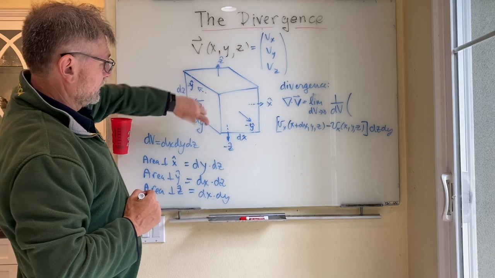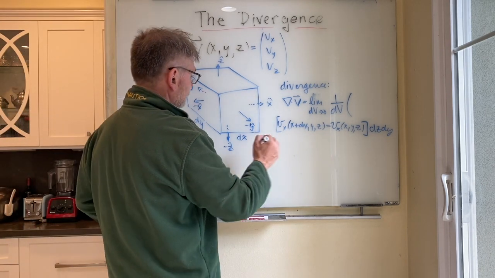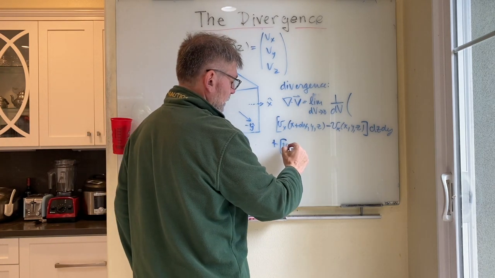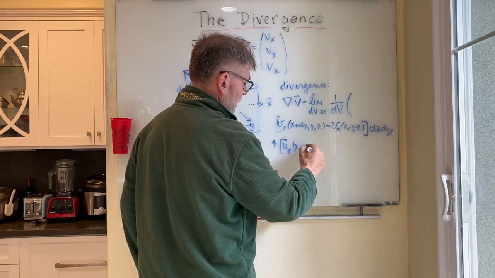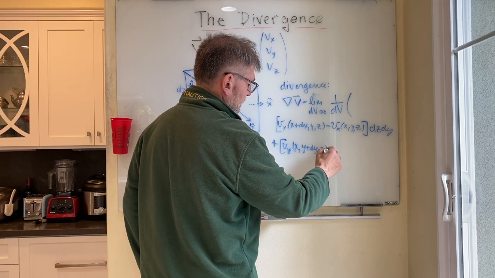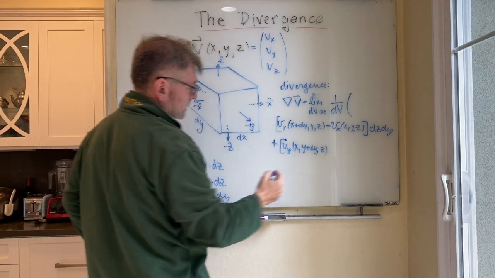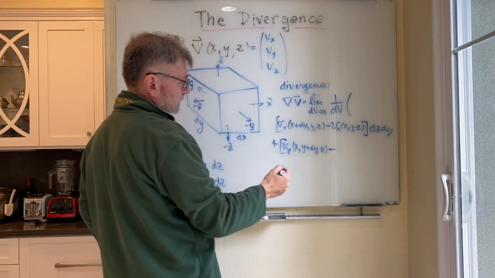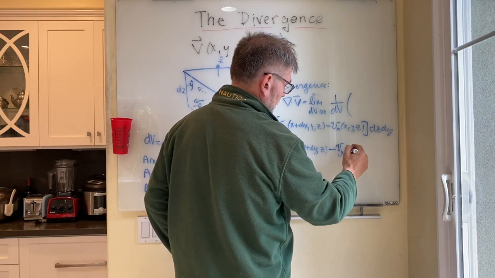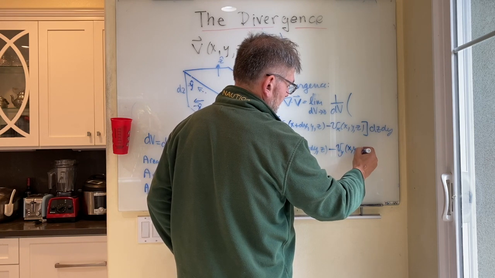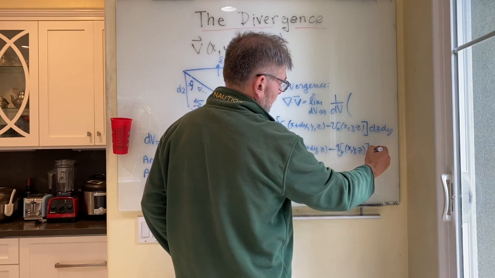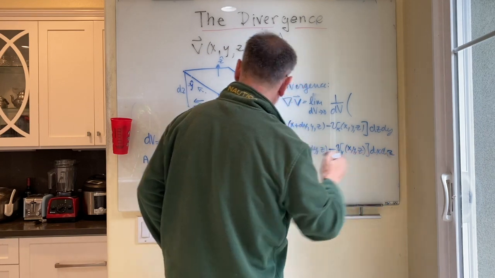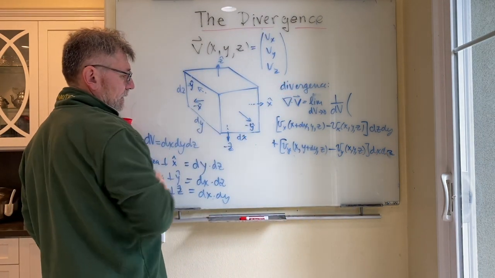And then I add the outward flux through the faces perpendicular to the y-axis. So that's vy at x, y plus dy, z. That's the outflow out the back, minus the outflow out the front, vy of x, y, and z, and this time the area is dx dz, right? dx times dz is the area of that cross section.